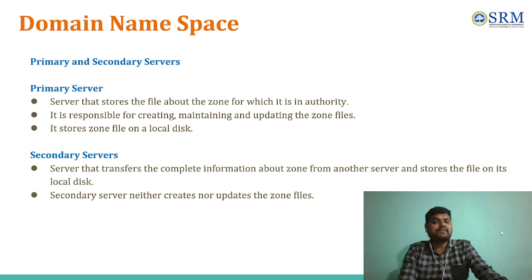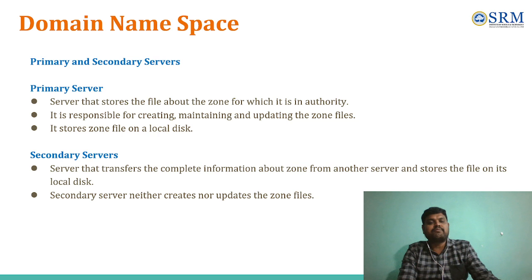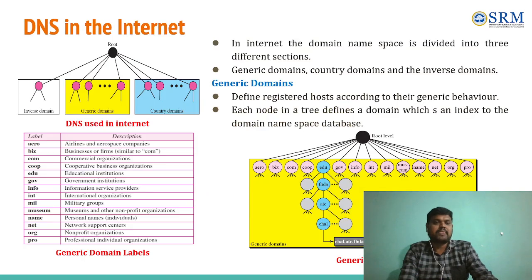The secondary servers are not responsible for creating, maintaining, or updating the zone files. They are considered a backup for primary servers. They will have the complete information about the zone from the primary server, but they don't create, update, or maintain the zone files.